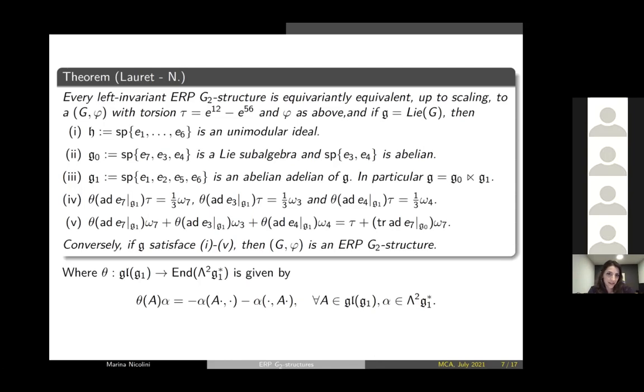These conditions are also satisfied. I am not going to stop here, but the only thing I wanted to say is that theta appears, and this theta is the representation that is the derivative of the action of the general linear group. Here it is better explained.